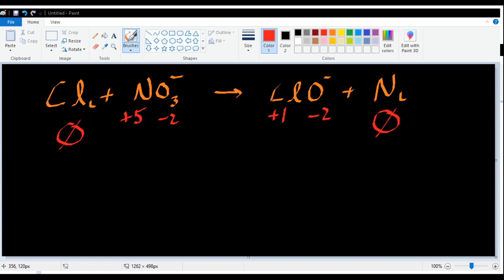So, chlorine is going from 0 to +1. Chlorine is being oxidized. Nitrogen is going from +5 down to 0. Nitrogen is being reduced.